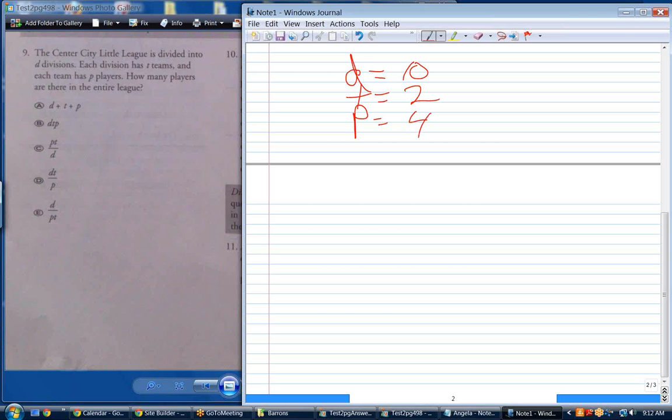So how many players are there in the league? If there are 10 divisions, each division has 2 teams, and each team has P players, it's going to be 80. How did we get that? D times T times P. So we can go straight there. We don't really need to test each one.